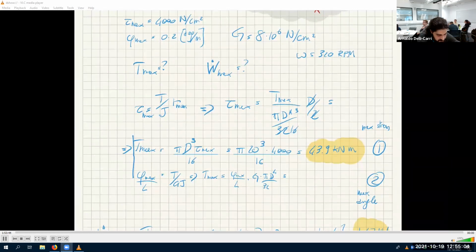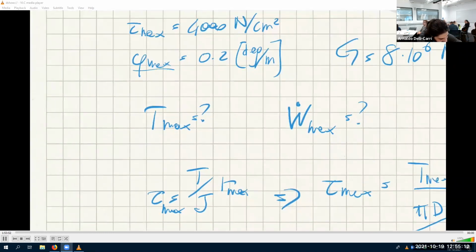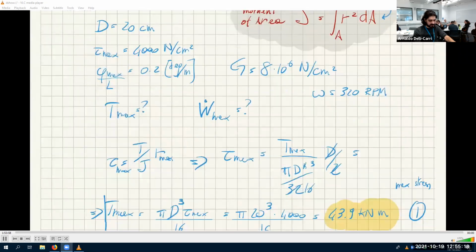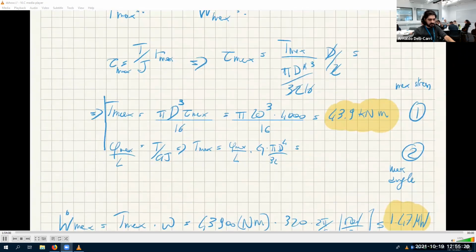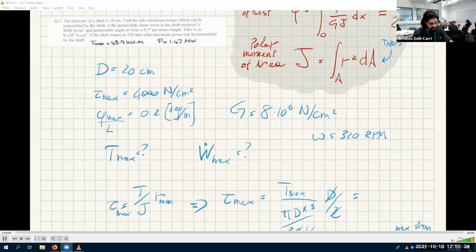You have to transform this. So this is phi max over L, which is 0.2 degrees per meter. But it's per meters. So you should turn this into degrees per centimeters, which is divided by 100. Okay.